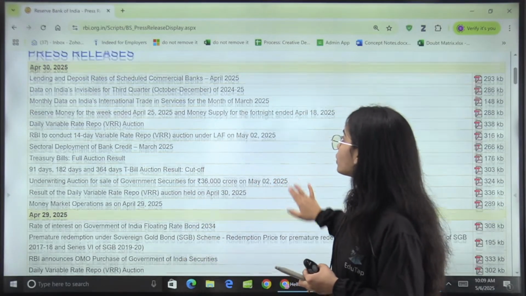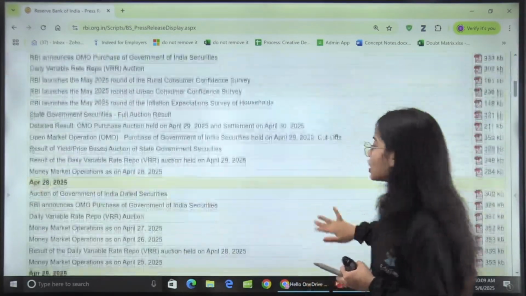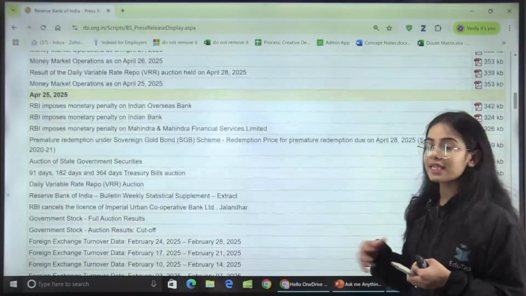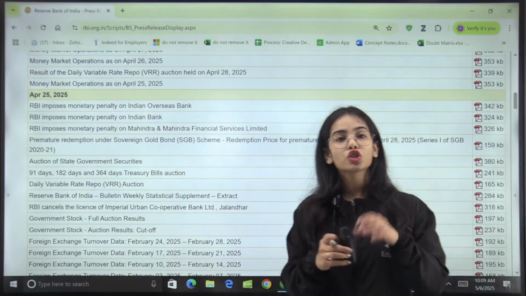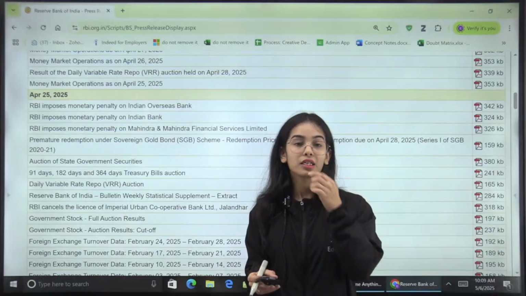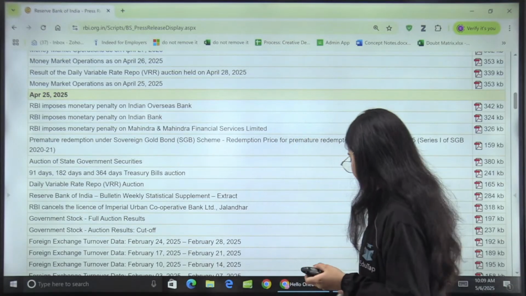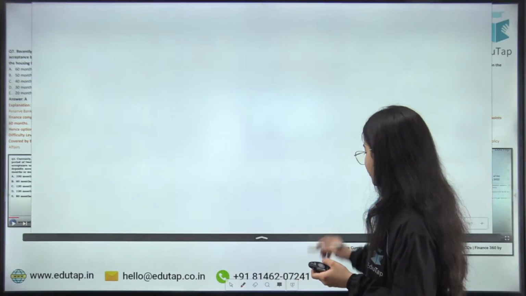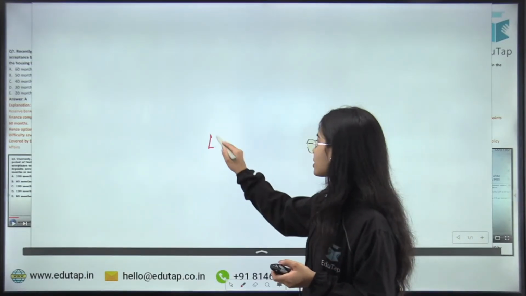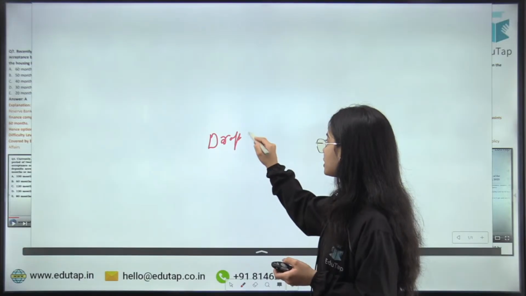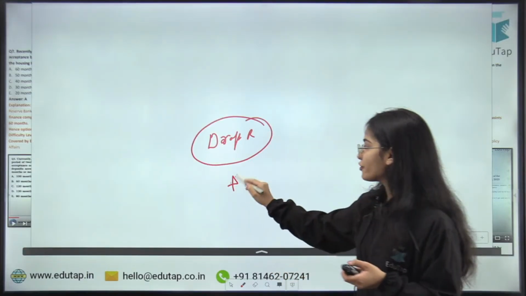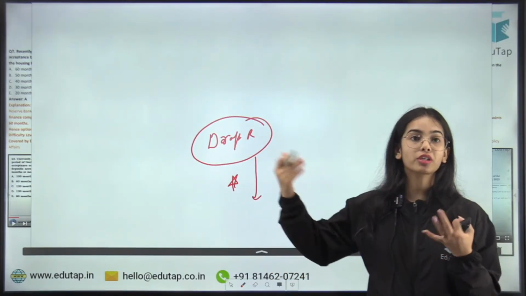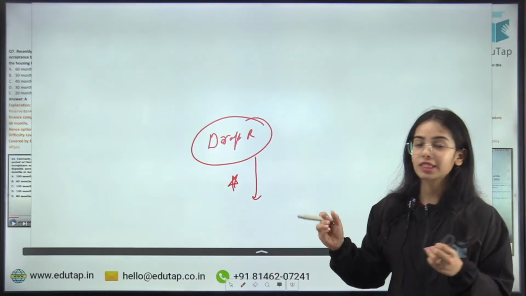Now, if we talk about the draft regulations, if there is any draft regulation coming up, you will have to cover it. But right now, let's say a draft regulation is released. If it is a very important draft regulation, a question can come from it too.